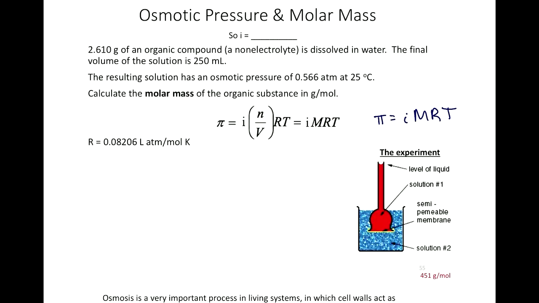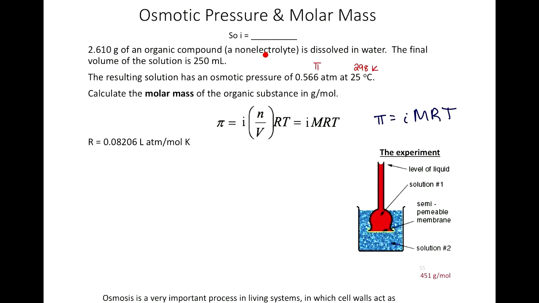You measure the osmotic pressure of that solution, and it's 0.566 atm, there's your pi, at this temperature, 25 degrees Celsius, which is 298 Kelvin. Let's calculate the molar mass of this substance in grams per mole. So let's go through this. If this is an organic compound, a non-electrolyte, let's just go ahead and knock out what i is for this.